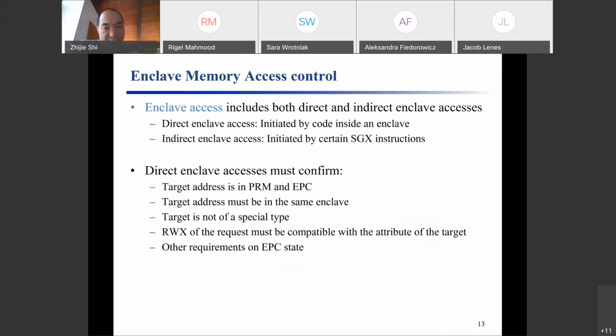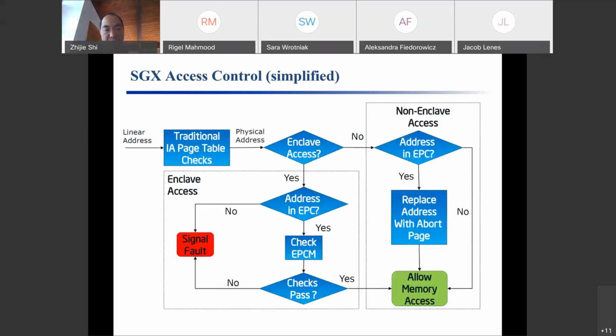So the memory access is important, right? We can quickly look at this simplified process. When there is a memory access request, we know that Intel's processor will convert that into a linear address, combining the code segments and those things. The linear address is the virtual address in Intel's processor.